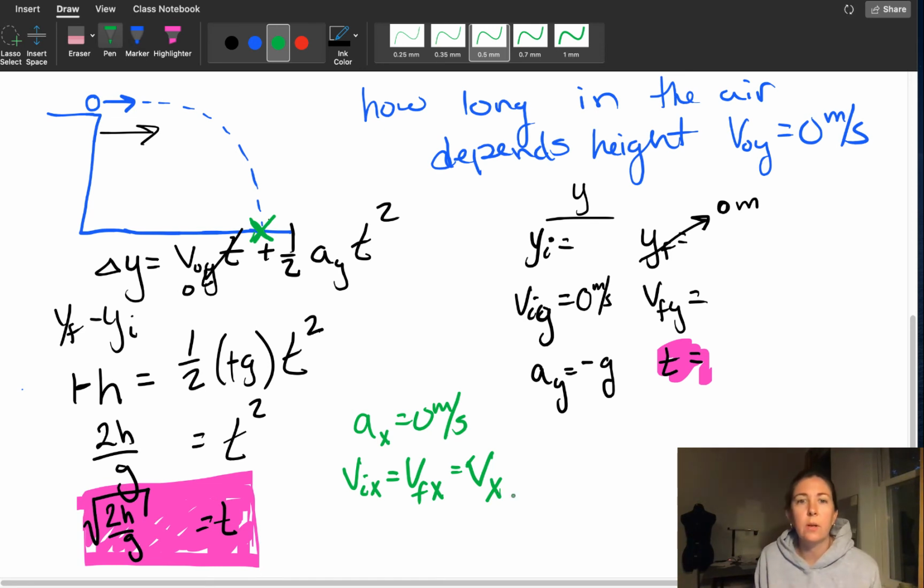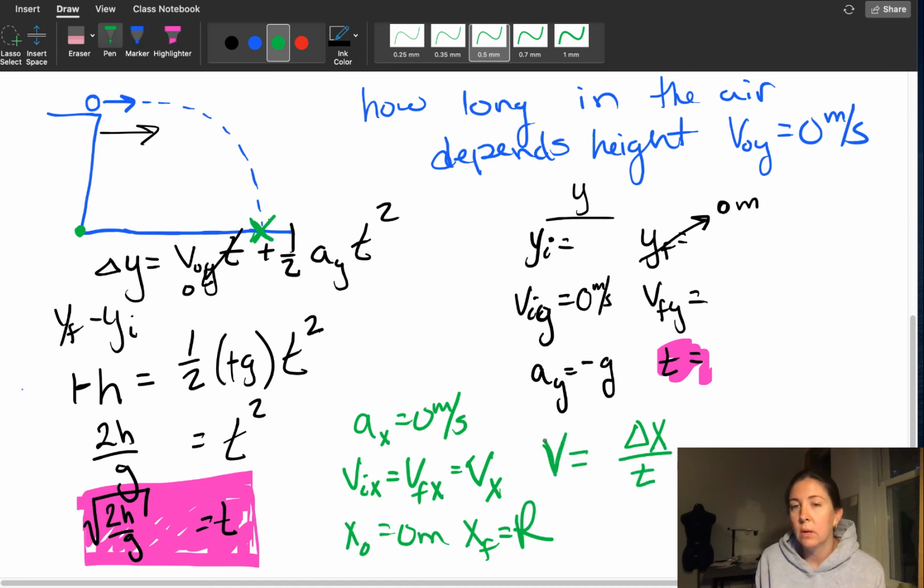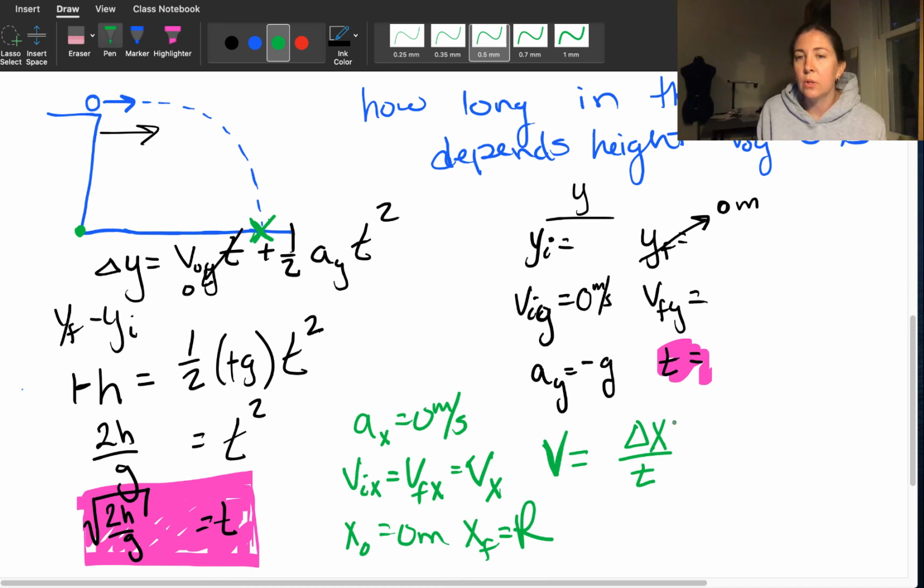The initial position in the x direction is 0, and x final is, let's just call it r for the range. The change in position divided by the time is the velocity, right? And so the change in position will be the range. We can find that range, or the final position, just by multiplying the velocity times time.